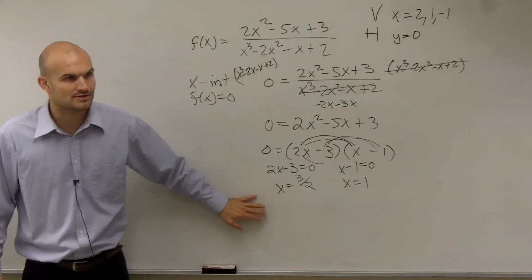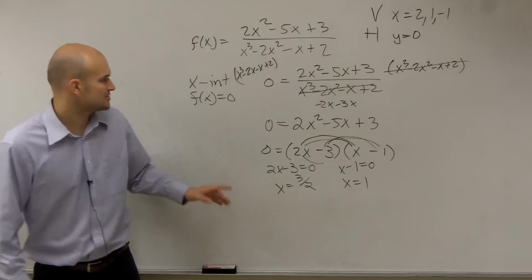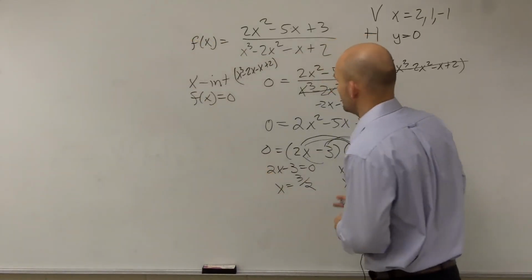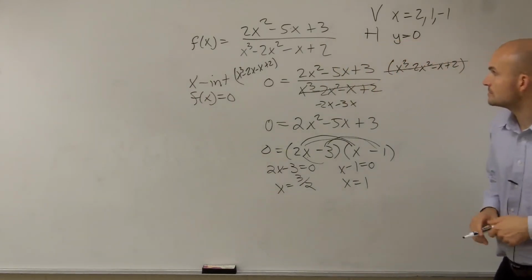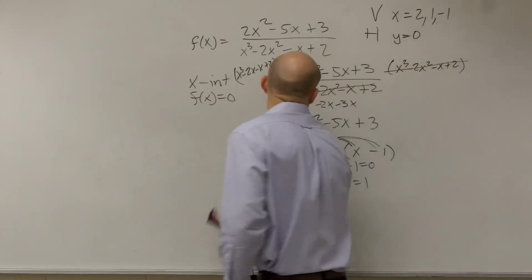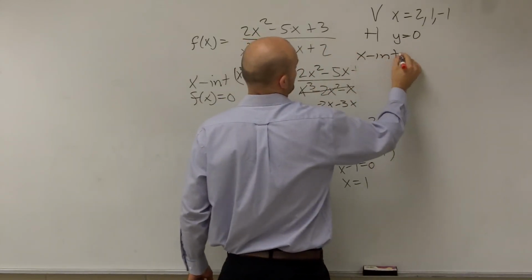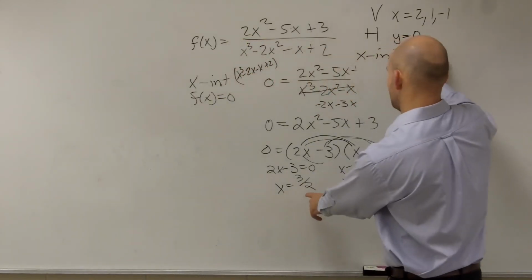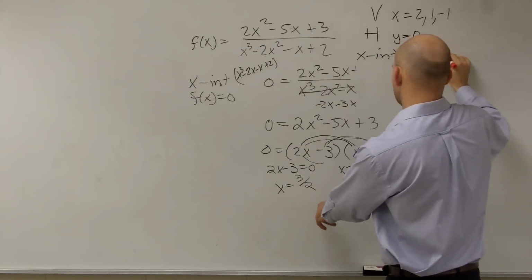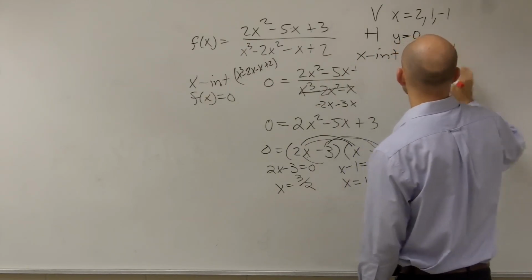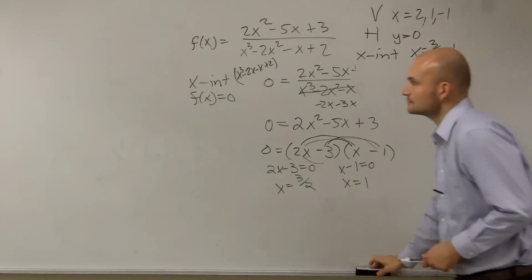Because we now need to do the y-intercepts. Actually, we can do them right here, but I want to do them below. The x-intercepts are when x equals 3/2 and when x equals 1.